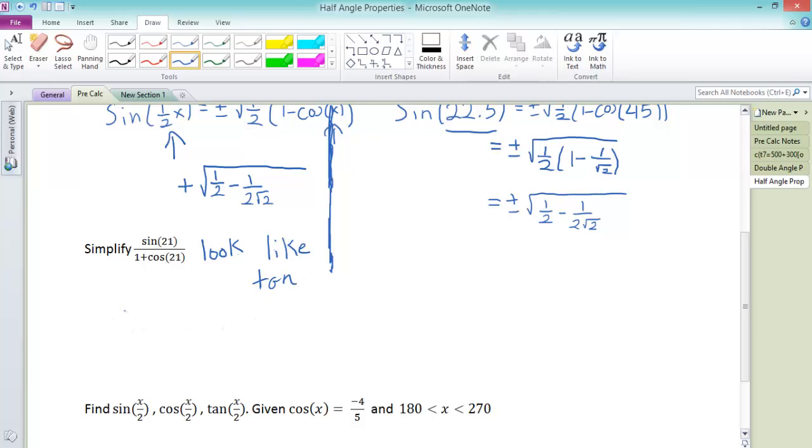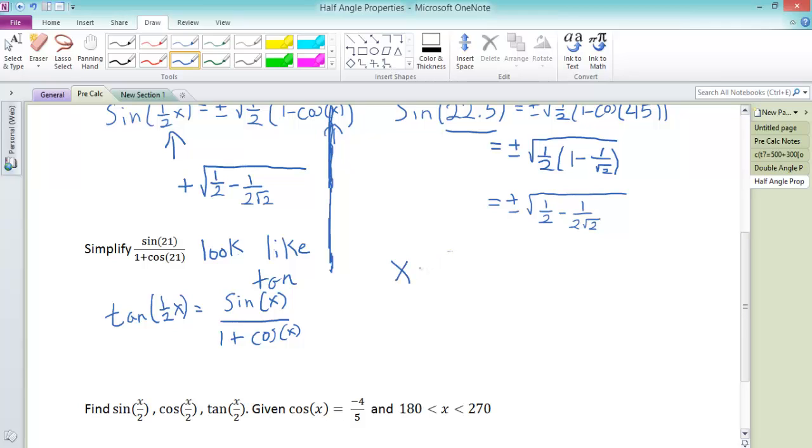Okay, so I know that the tan of 1/2 x is equal to the sine of x over 1 plus the cosine of x. So on our right-hand side, it's going to be twice as big as our left-hand side. So that means I need to divide 21 by 2.